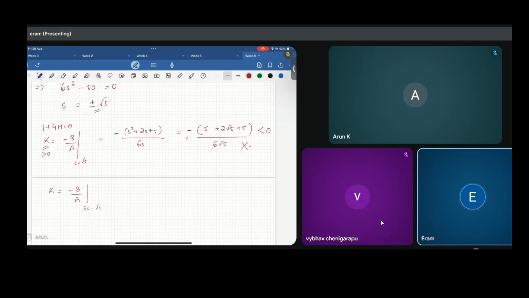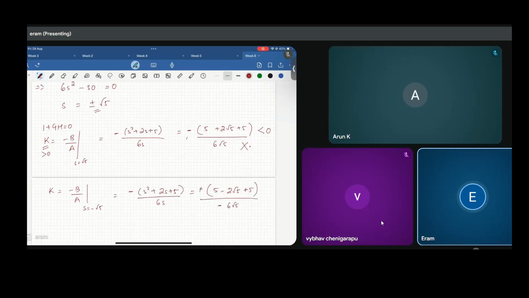For minus root 5, it will be minus of (5 minus 2 root 5 plus 5) divided by minus 6 root 5.